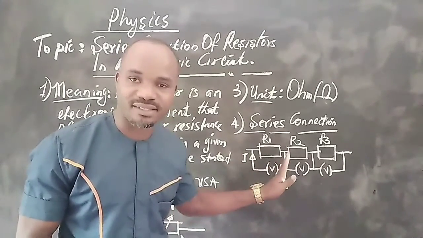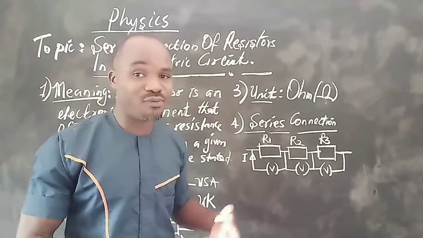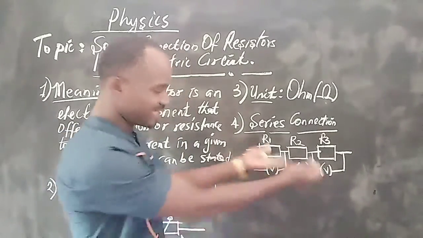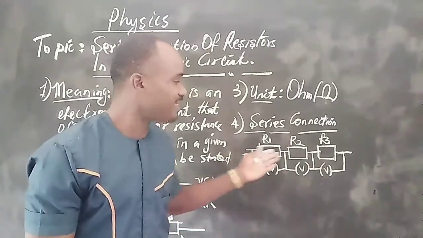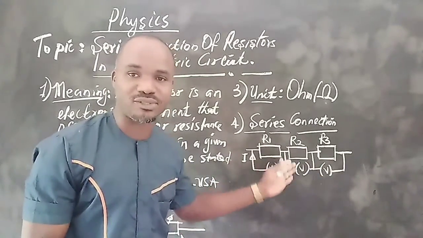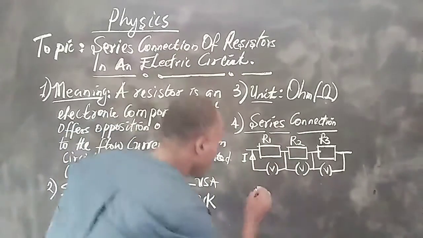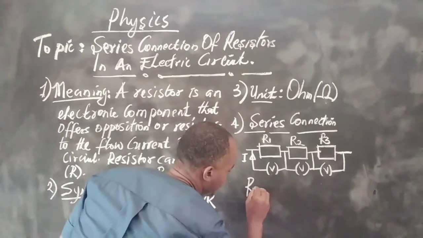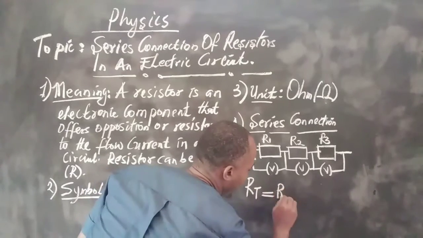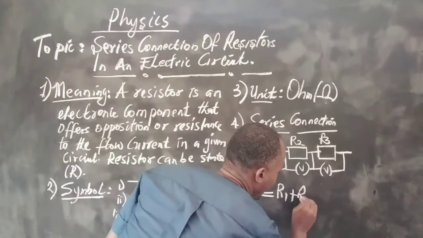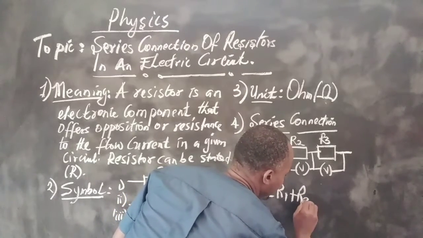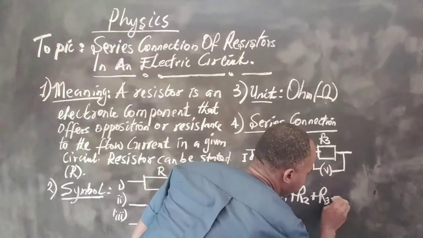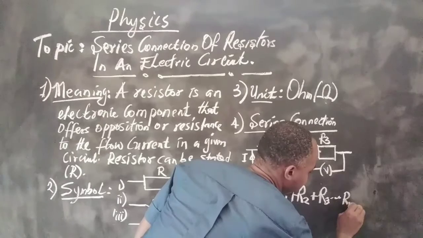All right. Now, having done that, the next thing we need to understand is how to calculate the total resistance, or the net resistance, or the equivalent resistance, of the combined resistances from resistor 1, resistor 2, and resistor 3. We get that by using this formula: R_T is equal to R1 plus R2 plus R3 plus ... plus Rn.